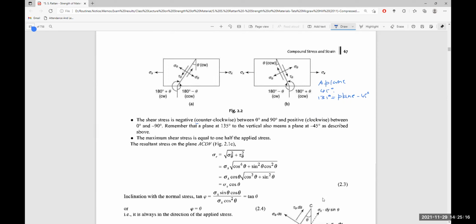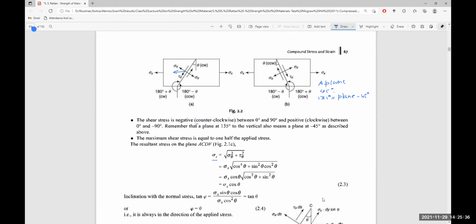Now, what will be the resultant stress on the plane ACDA? Here the resultant stress sigma r is the resultant of sigma theta and tau theta, somewhere here, but may not be horizontal. Then sigma r equals the square root of sigma theta squared plus tau theta squared.